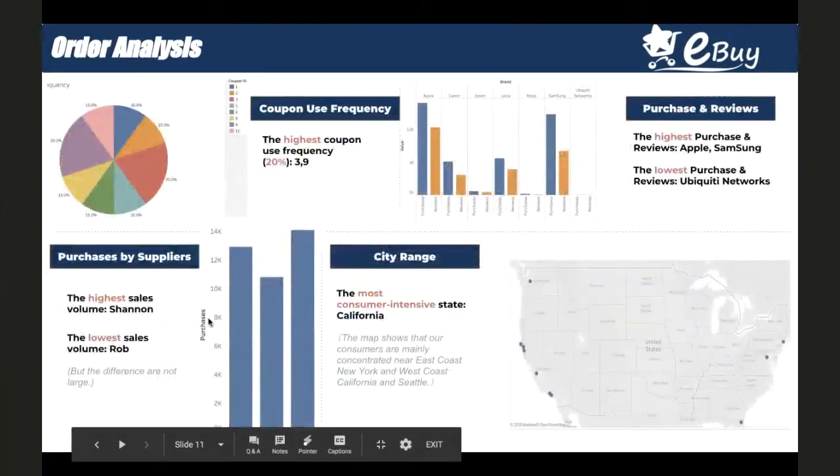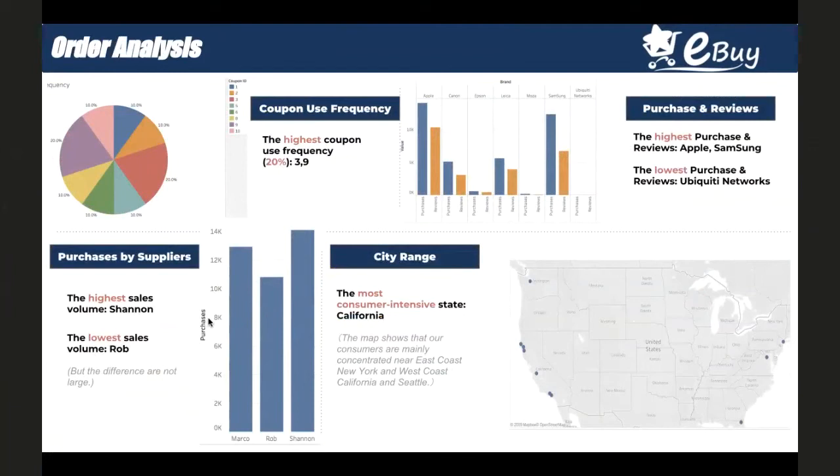And also we do the analysis for orders, and for the coupon use frequency chart, we can see that actually all the coupon IDs are used, and the differences between our coupon ID use frequencies are not large, but actually the highest coupon use frequency, which is 20%, are coupon ID 3 and 9.